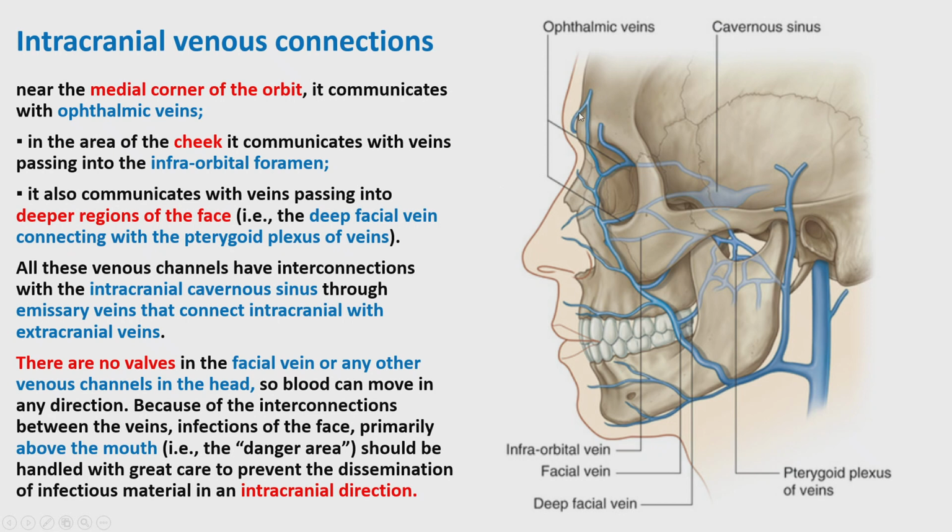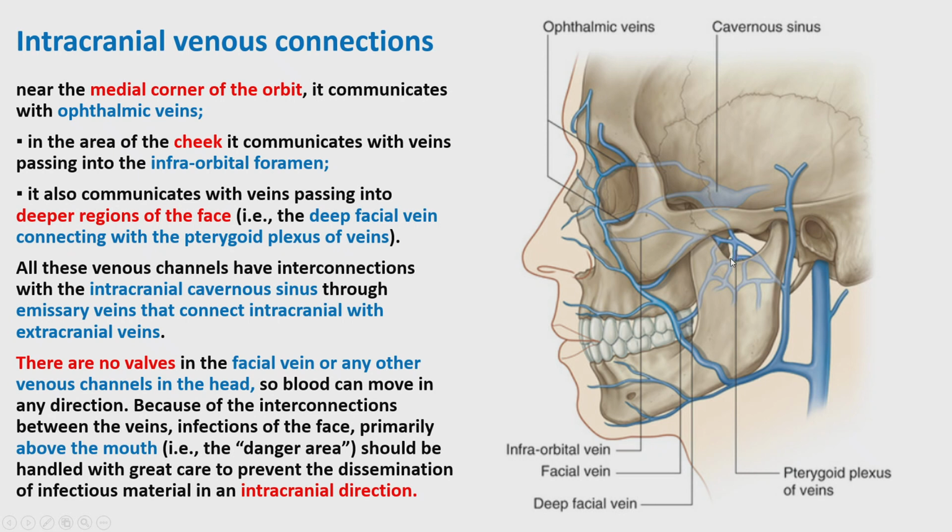The interconnection is the supraorbital and supratrochlear veins with the angular, the angular with the facial, or the supraorbital to the superior ophthalmic vein to the cavernous sinus, and the inferior ophthalmic vein, via the infraorbital vein, to the pterygoid venous plexus.